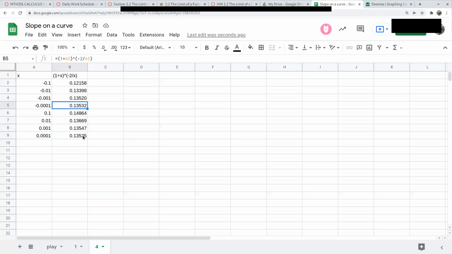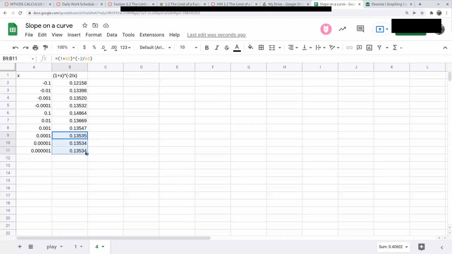And I could always get more on each side. So if I want to get closer, I could just say, hey, get closer to 0. And maybe one more time. I can keep filling this down. Okay, so I'm going to guess that the limit is about, on each side, 0.13534.